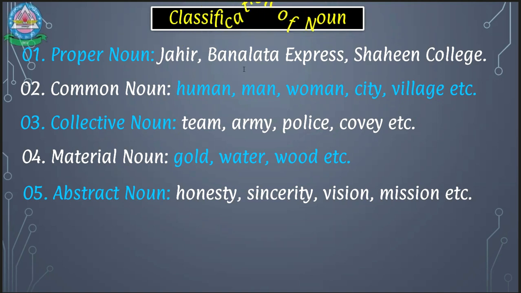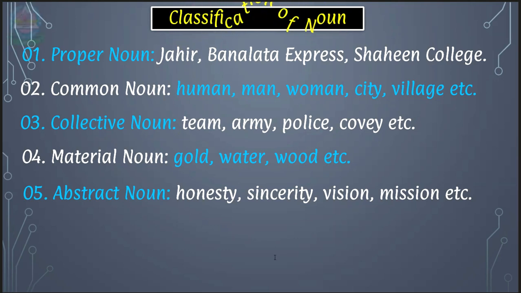And abstract nouns mean the nouns that cannot be seen, but you can feel them. As you know, honesty, sincerity, vision, mission, or aim. You might have honesty, but we can't see it. You might have sincerity, but you can't show it to others.